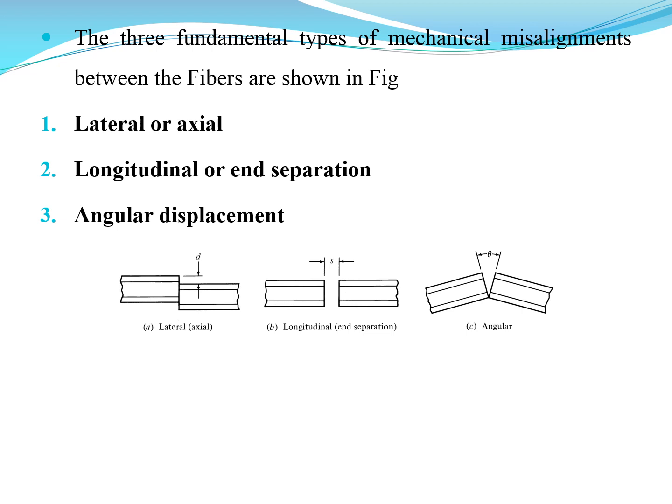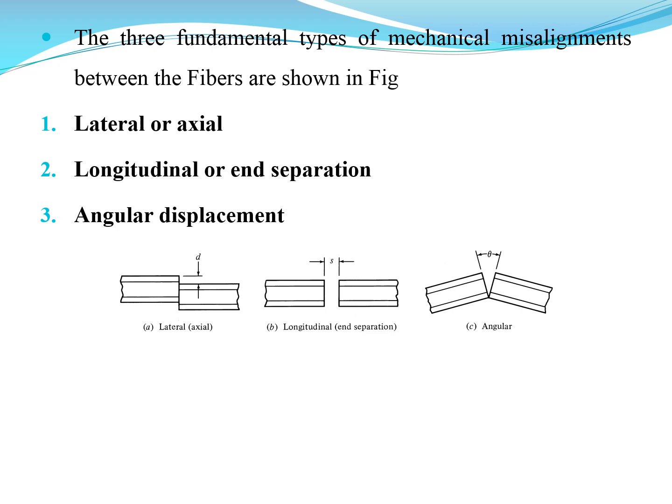Then we have longitudinal or end separation. In this case, we see the separation of the fiber end faces. These are the end faces of the fibers, and there is a separation between them. Even though the fibers may be joined using a connector or a splicer, there is a fiber end face separation, which we call longitudinal separation of the fiber.